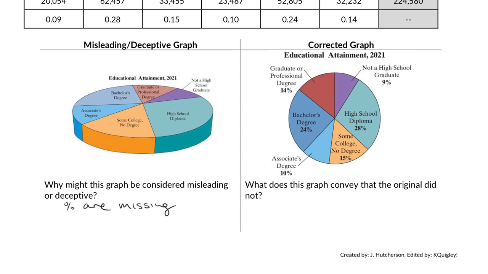So the 3D, while it's cute, it distorts the sectors, the pizza pie slices, if you will. It distorts how much it looks like each pie slice got. So by putting it in 2D, one, we get the percentages back on this one, which is definitely better.